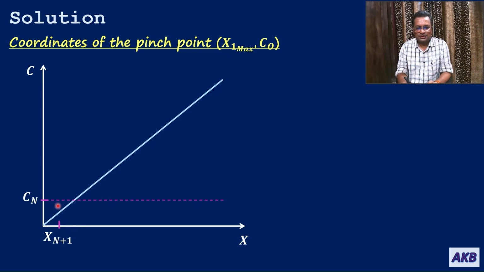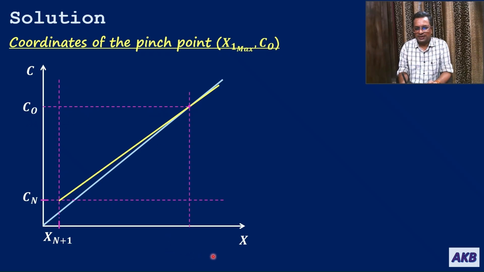The operating line will start at the point with coordinates Xn plus 1, Cn, and then it will intersect the equilibrium curve at the concentrated end. So you get the pinch point, and the coordinates of this pinch point are C0 and X1 max. Now the objective is to get X1 max, because C0 is already known to us. Let us denote the pinch point as point P.